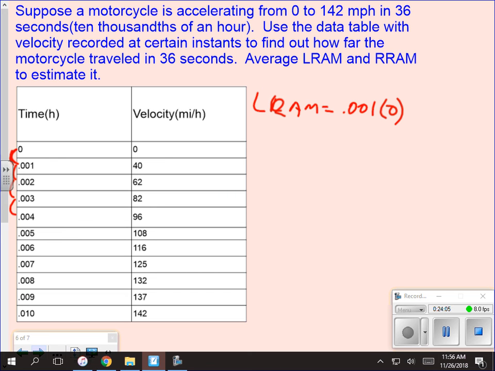If I go to the next rectangle, what is the height for an LRAM of the second rectangle? 40. So my next one is 0.001 units wide times 40.